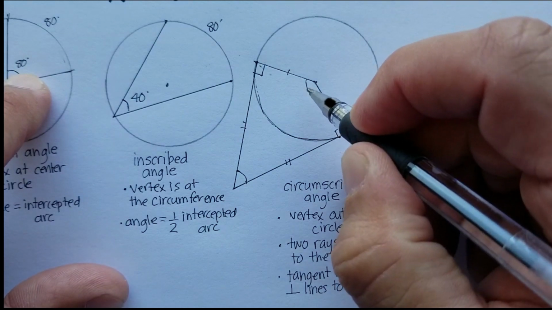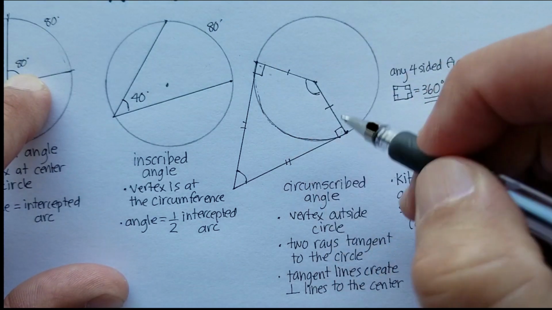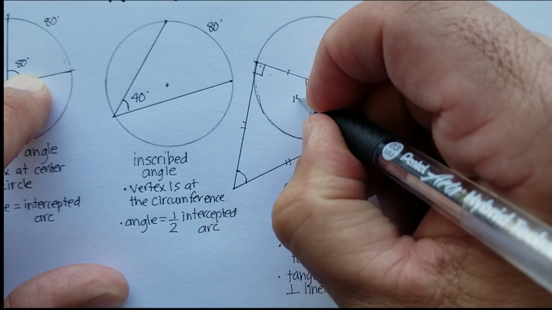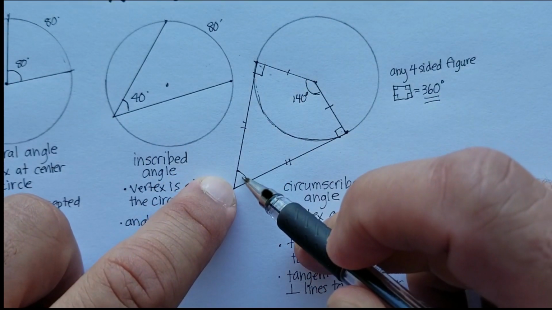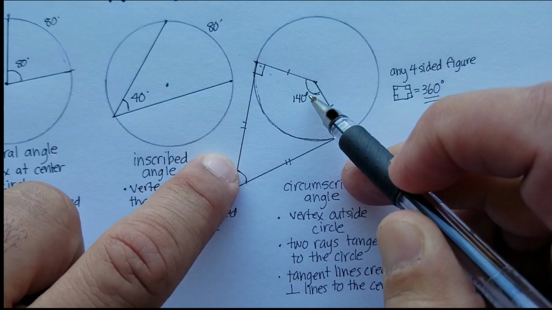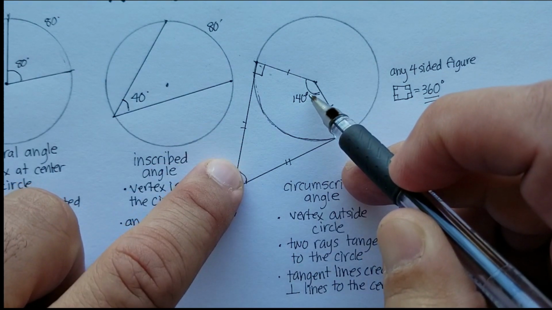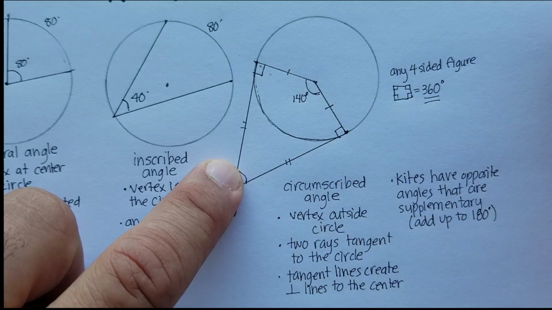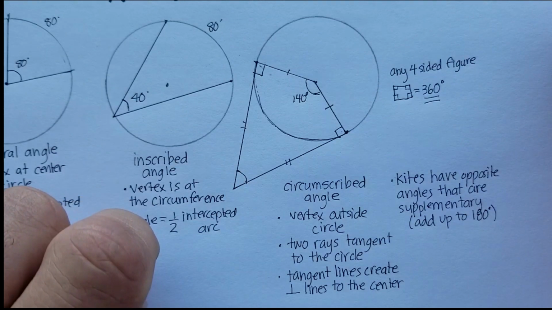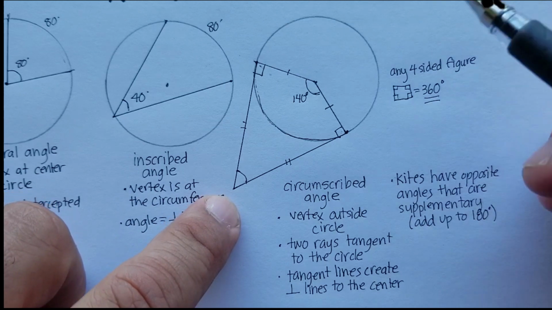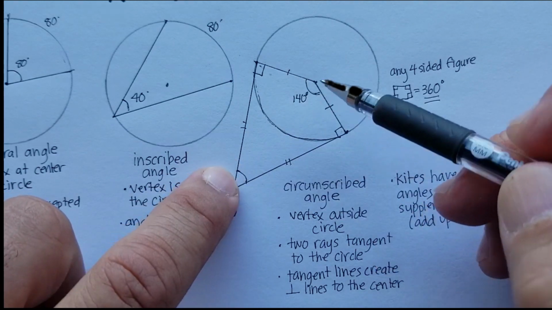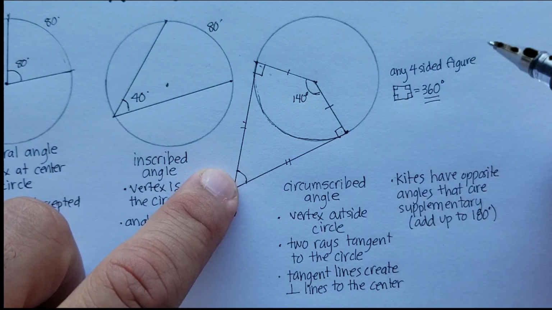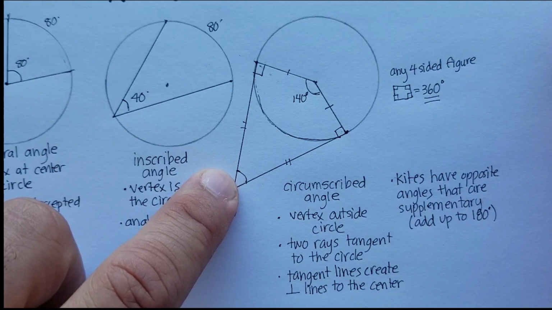So if you knew this, for example, let's say it's 140 degrees, we know that this would have to be 40, because this angle and this angle must be supplementary, therefore equal 180 degrees. The other way to do it is to add up all four of these angles, and you should get 360 degrees as well.